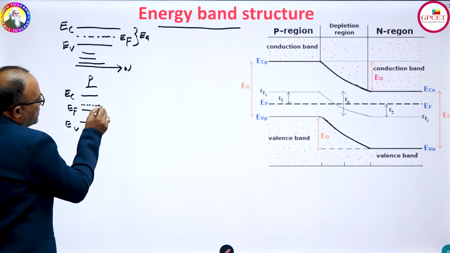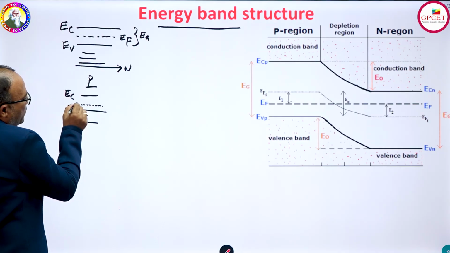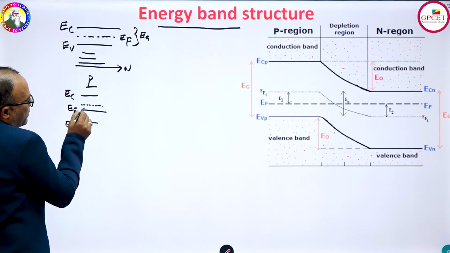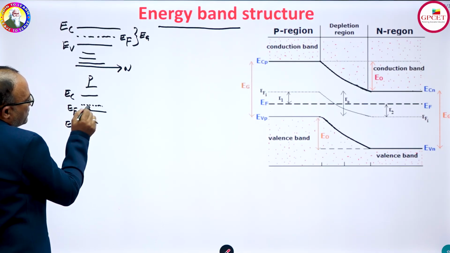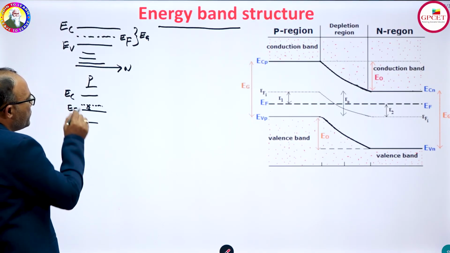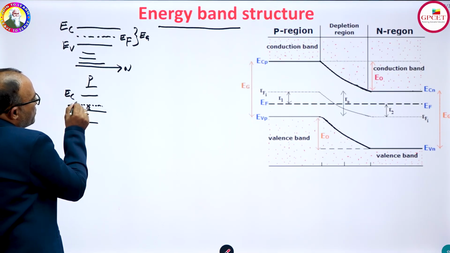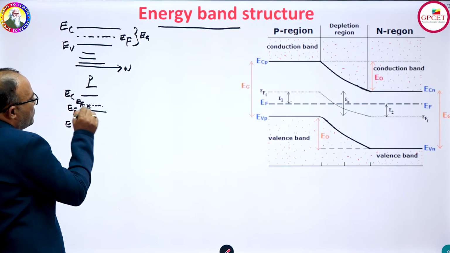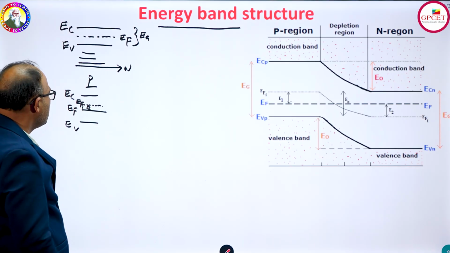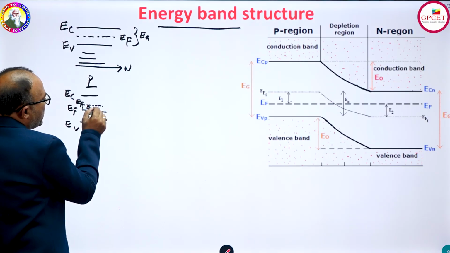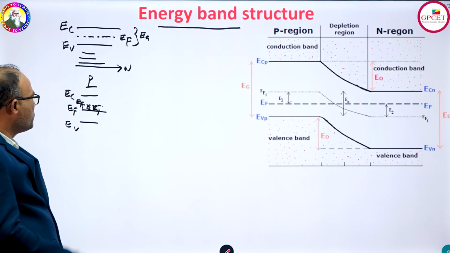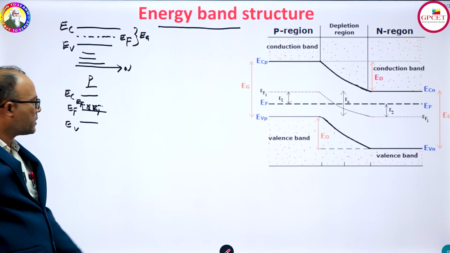This is called a shift in the Fermi level from this point to this point. I can call this EFI, and this shift in the Fermi level can be written as E1. E1 is the energy shift in the p-type semiconductor.